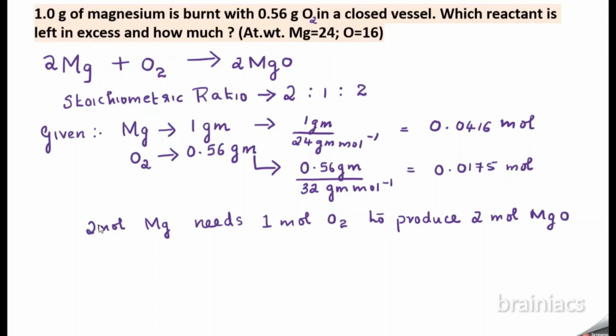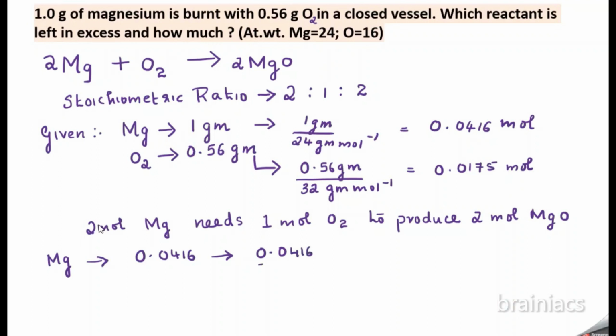Okay, so we will check how to find the limiting reagent here. I have a shortcut for you. To find out the limiting reagent, take the first case, that is magnesium. Take its number of moles. What is the number of moles? 0.0416.